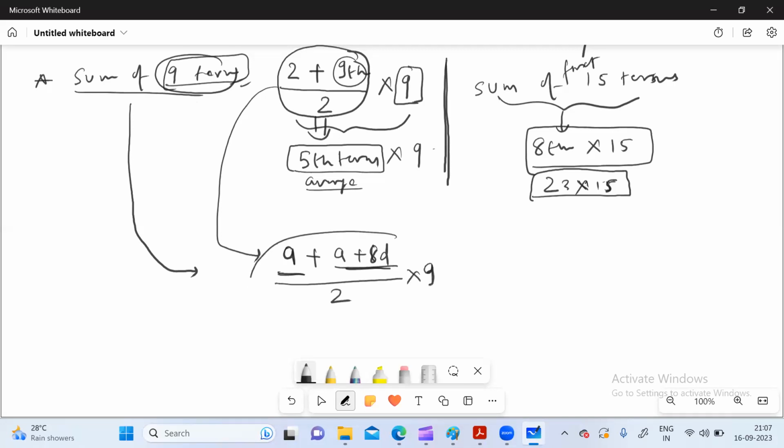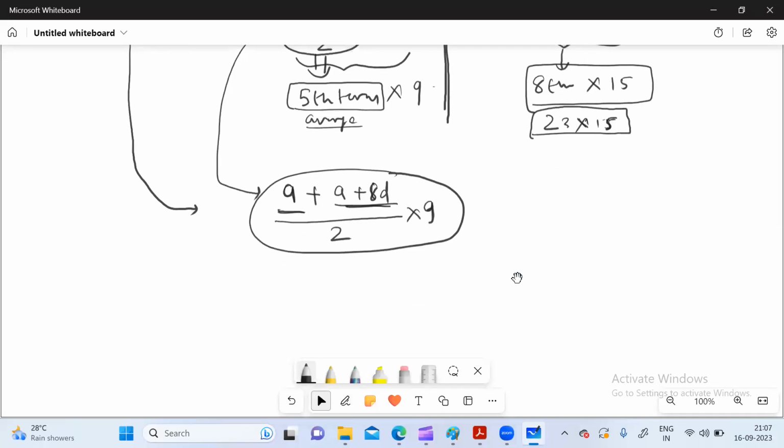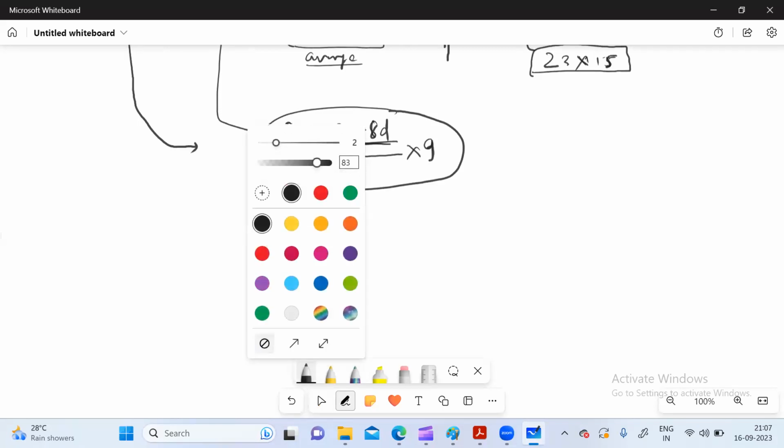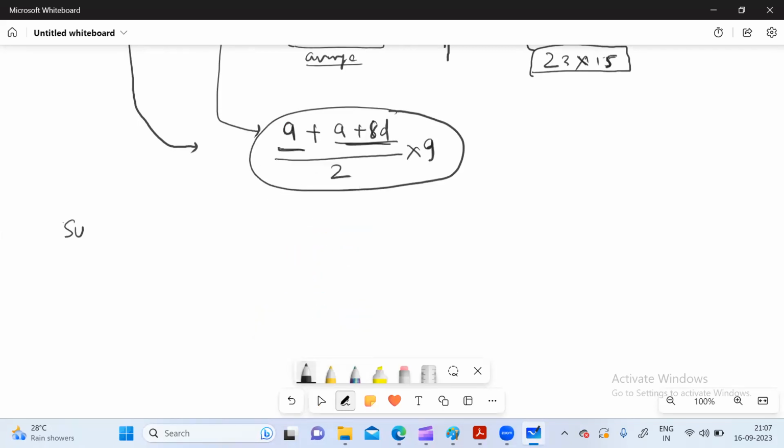This is how we did it. If you generalize this, if someone is asking the sum of the first n terms, which will be denoted as Sn, we denote Sn as T1 plus T2 plus till the nth term, Tn.